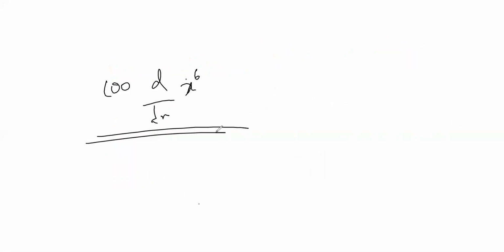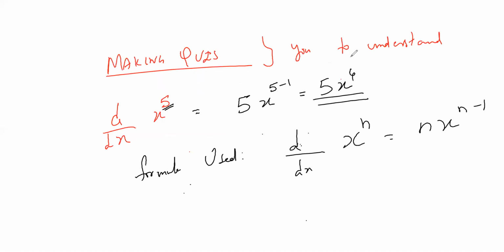I can do it, and if you want me to, I will. The 100 I'll keep like that. Differentiation of x power 6 is what? I told you put the same number here, so 6 x power 5. But currently for you, this is not required as of now. Up to this, you're clear?